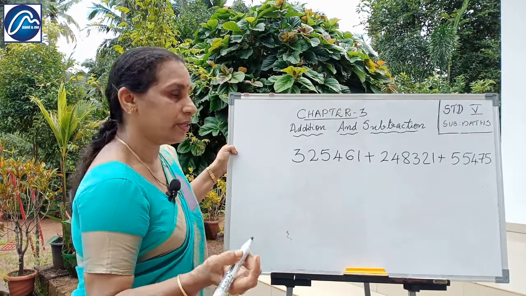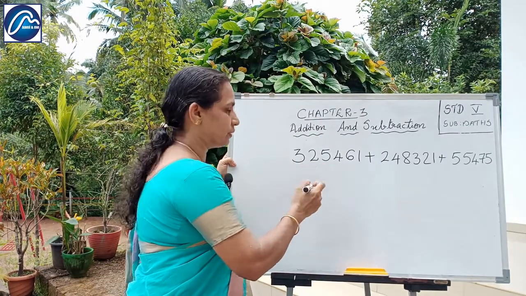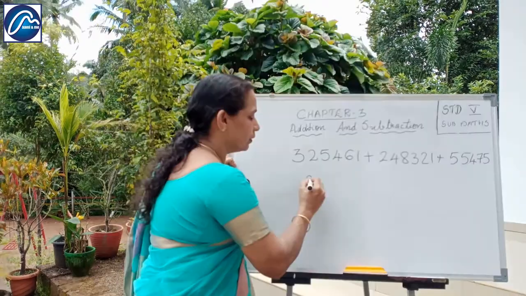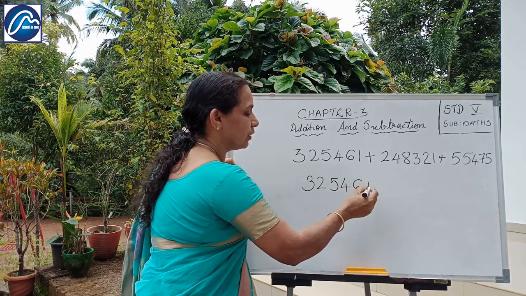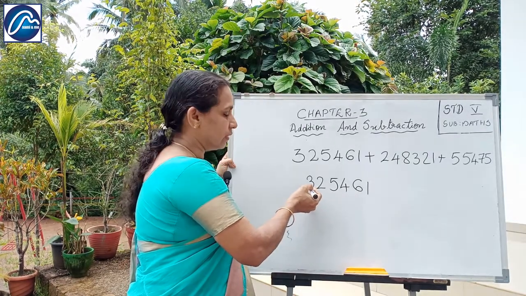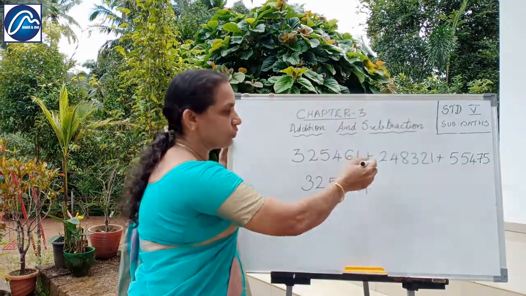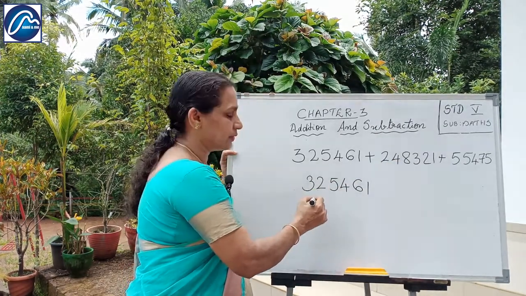How will you add? First you will write this in columns. That means 32, 54, 61. Ones, tens, hundreds, thousand, 10,000, lakh. Next one also is a 6-digit number. So we can write like this itself.